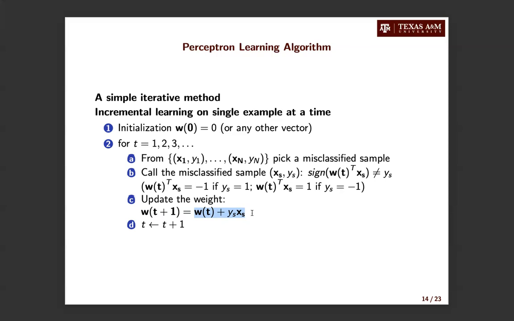And vice versa, if our sample is in the negative class and mistakenly lies on the right side of the line, by subtracting our sample from our weight vector, we will make it lie on the left side of the line. So as you can see here, we have this T, which represents time and essentially represents as many updates as we do to our weight vector.